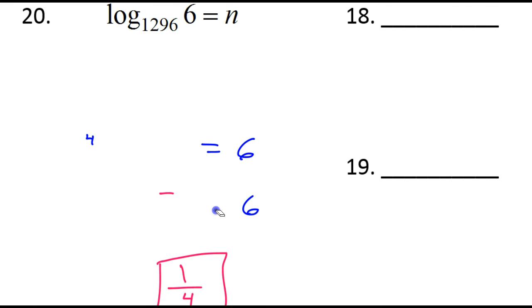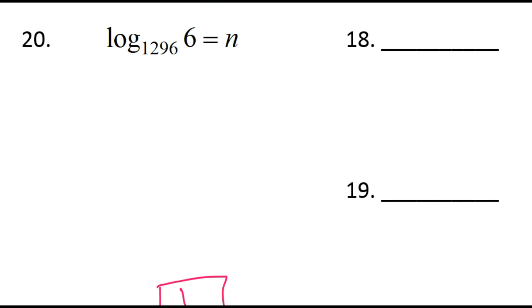Just for fun, I'm going to show you one more way to do it. We could evaluate this using the change of base formula. The change of base formula says when you have a logarithm, you can split it up as a fraction, and you'll do the log of 6 over the log of 1,296.